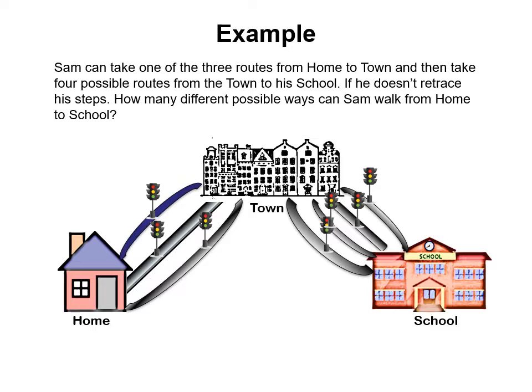Now he can take this route with this one, or he can take the first route with the second one, or the first route with the third one, or the first route with the fourth one.